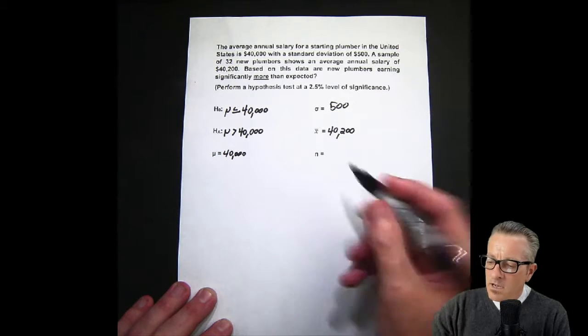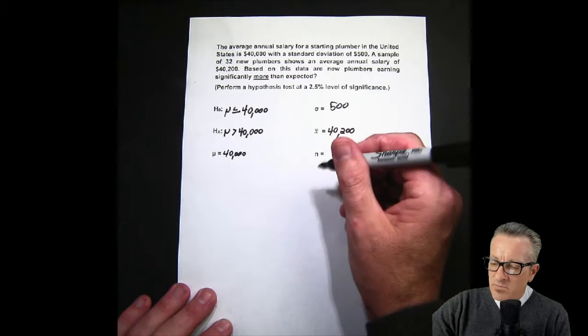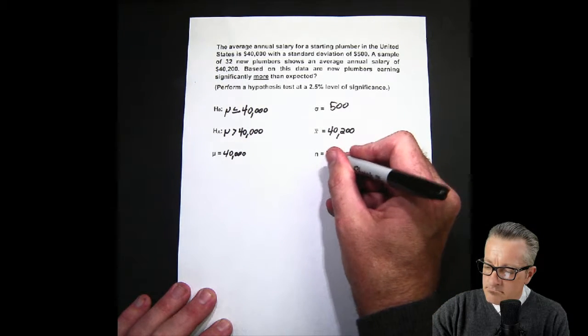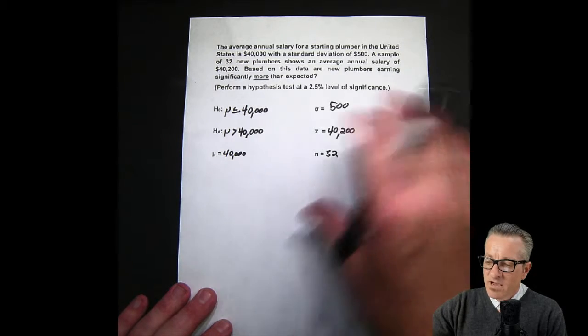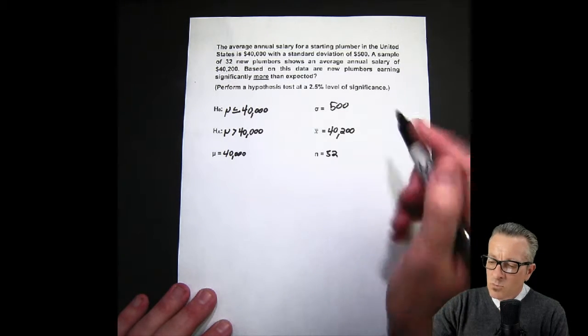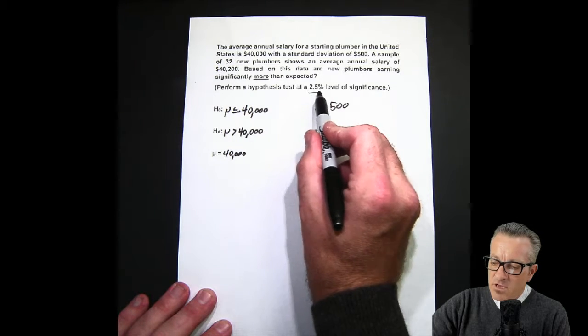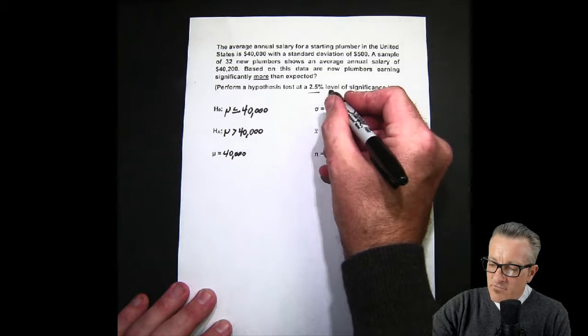And our n, which is a little n, is our sample size, which is 32. Okay. So we have our information listed here. Oh, and one other thing, we're going to perform the test at a 2.5% level of significance. So that's important. That's essentially our alpha.